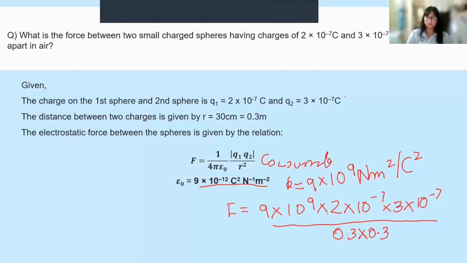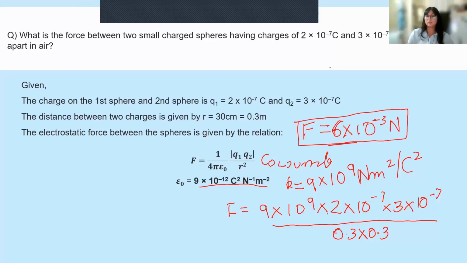If you solve all of this, I'm just going to give you the answer: it is going to be 6 into 10 raised to minus 3 Newton. So this is going to be your F.